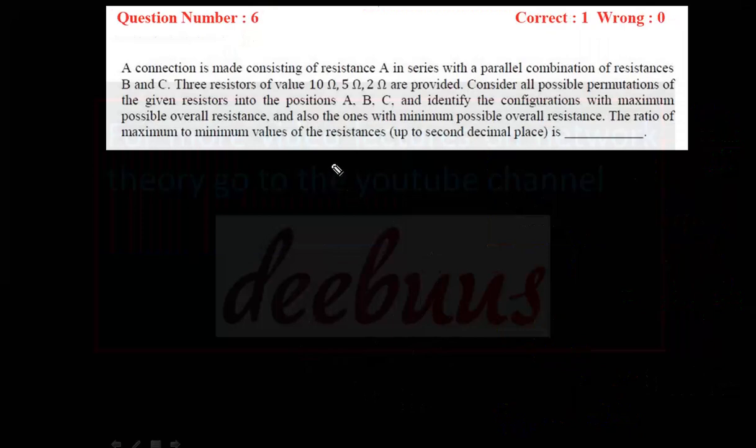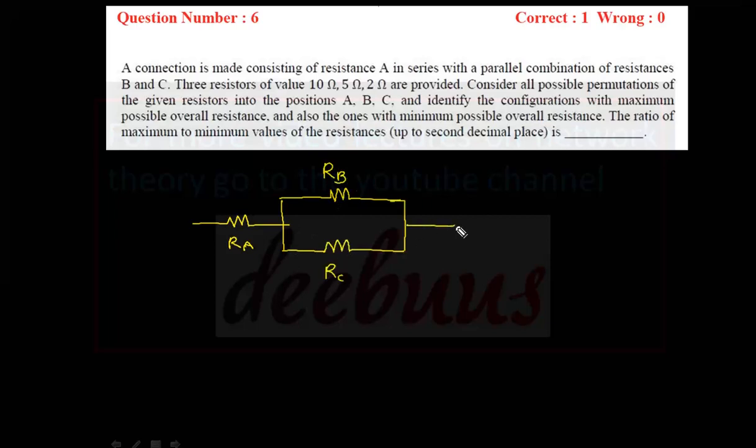Now moving to the last question. A connection is made consisting of resistance A in series with a parallel combination of resistances B and C, right? The three resistors of value 10 ohm, 5 ohm and 2 ohm are provided.